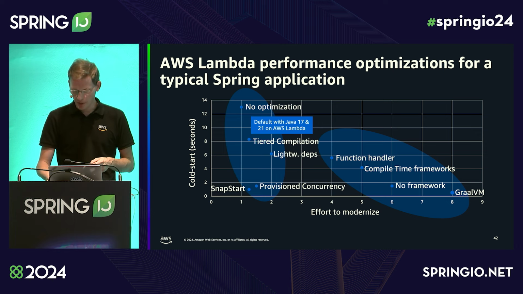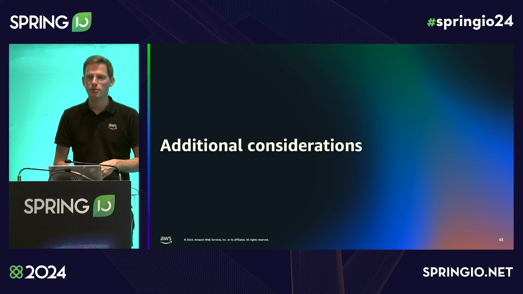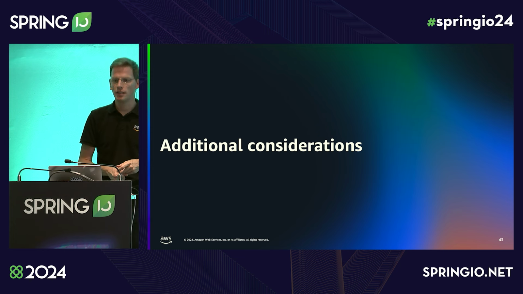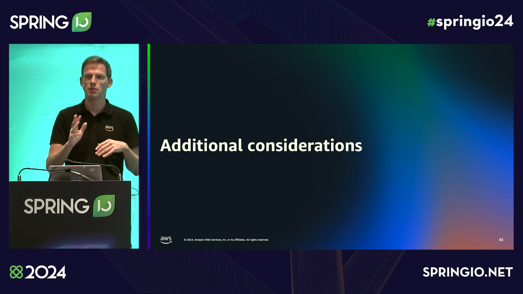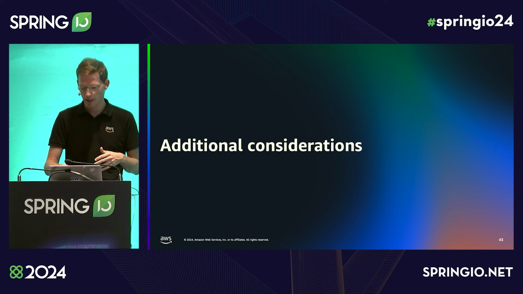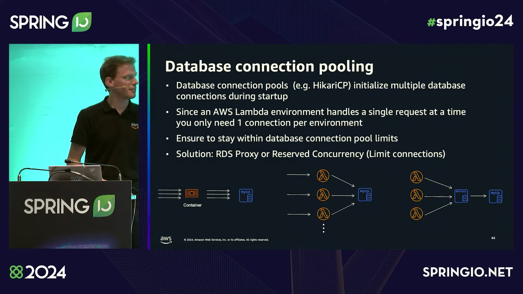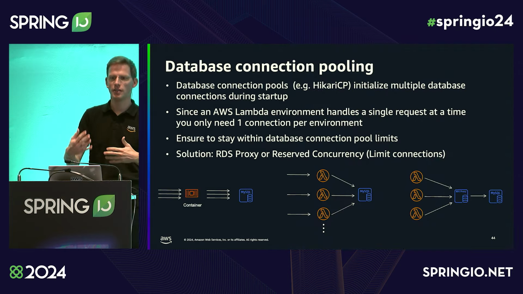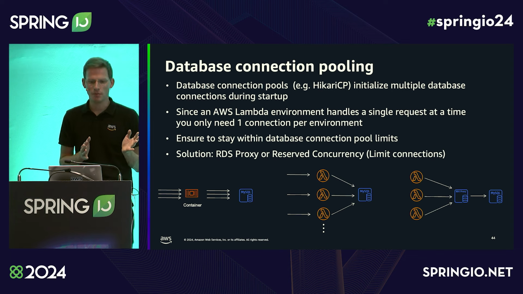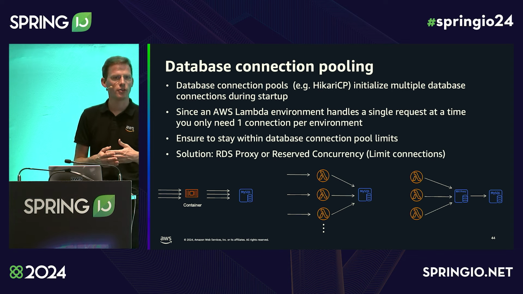Good. Additional considerations when running serverless Java with Spring. Some common thing is database connection. We already talked about it when using Snapstart. But overall, as the scaling works differently, if you're still using one of the relational databases, you may be using a connection pool, right?